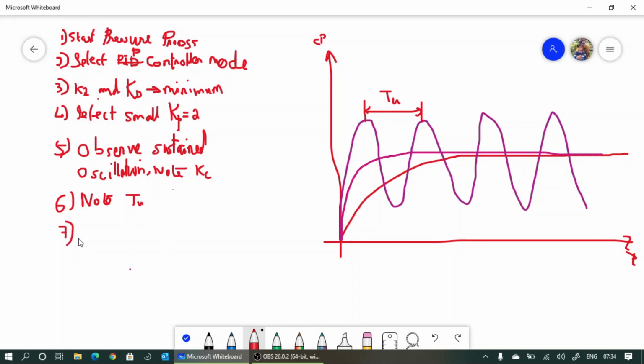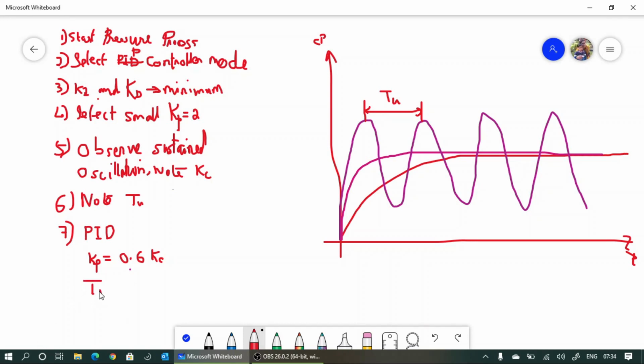If you are tuning a PID controller, what are the equations that we have to use? The Kp value that we have to select for further operation is Kp equal to 0.6 Kc.